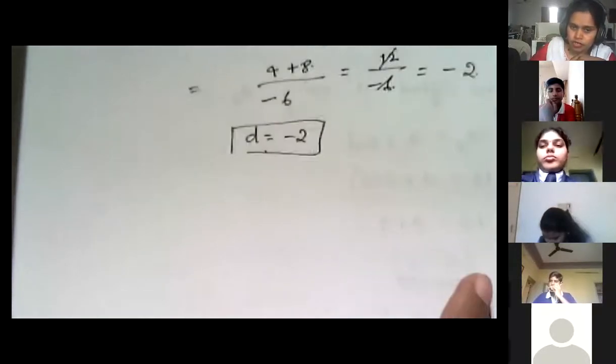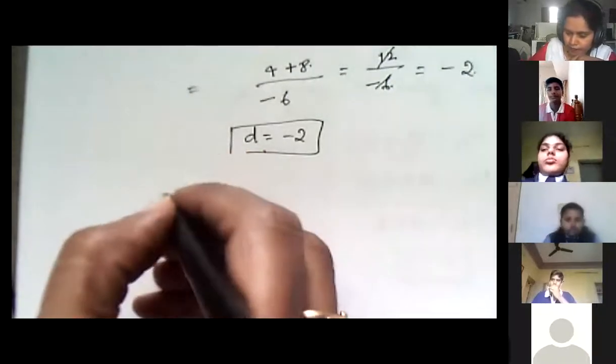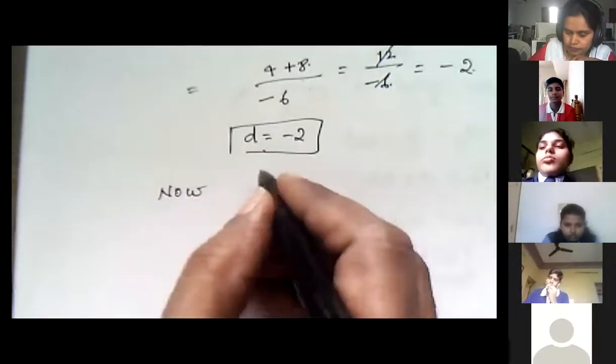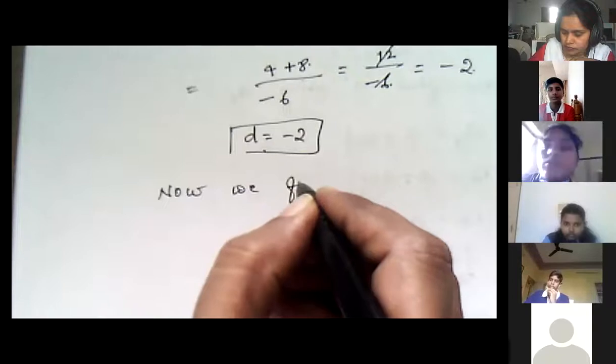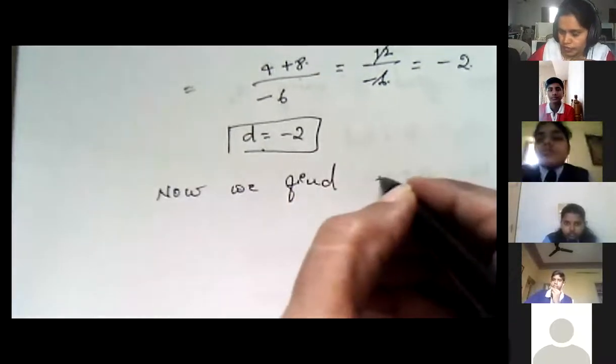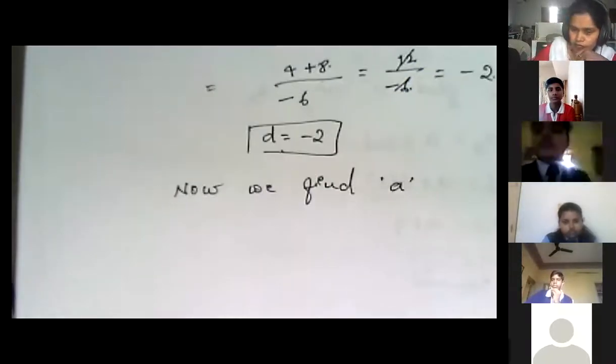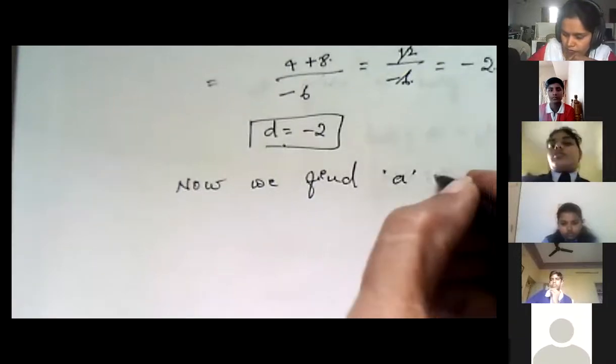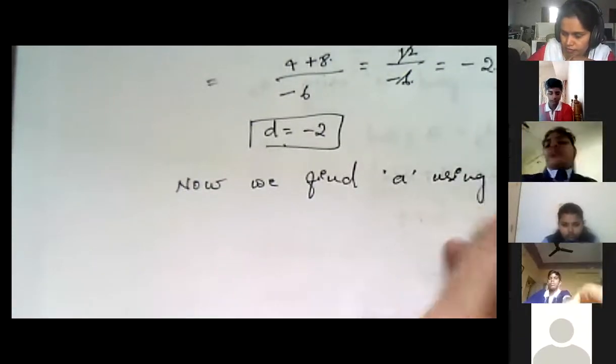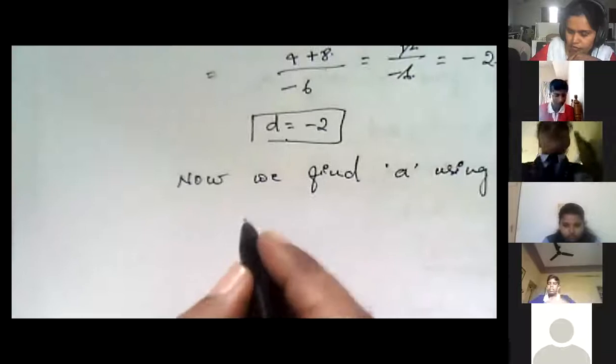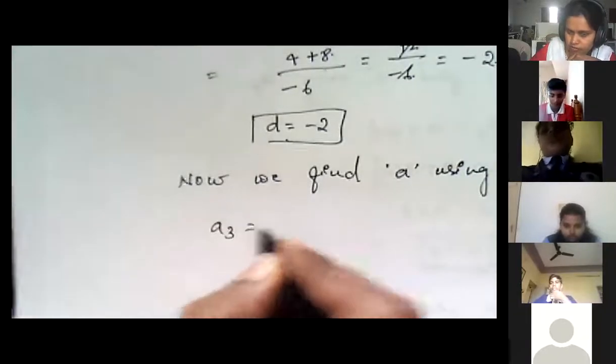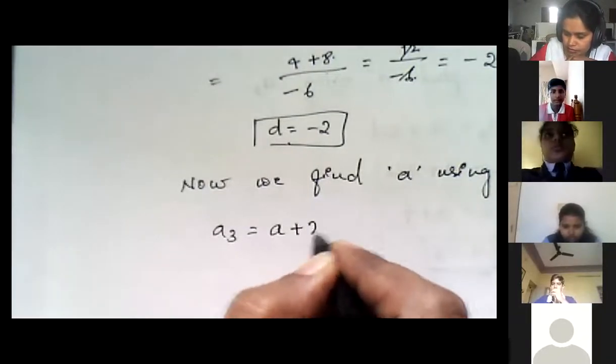Now we'll find A. How to find A? Using A3. A3 equals A plus 2D.